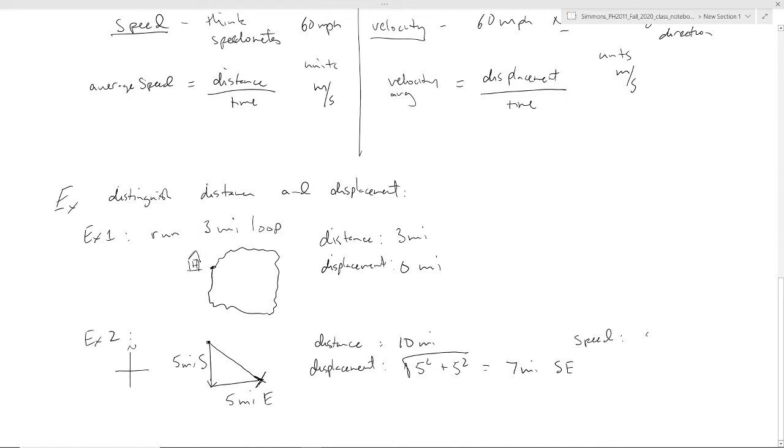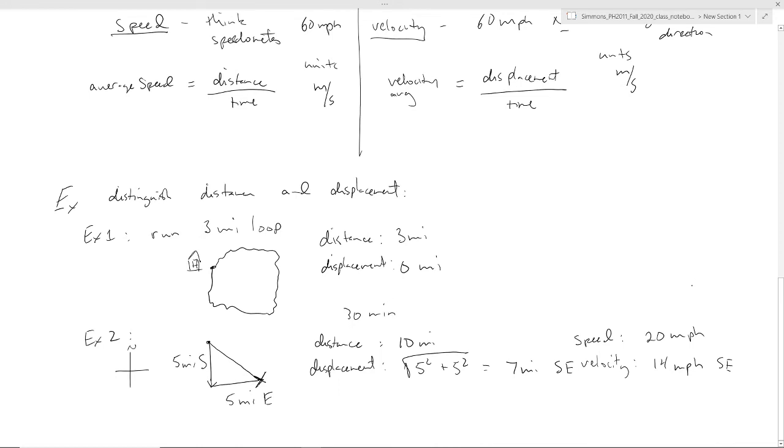Then this would be a speed of 20 miles per hour, but it would be a velocity of 14 miles per hour southeast. Okay. Where notice, let me be very clear, 30 minutes.